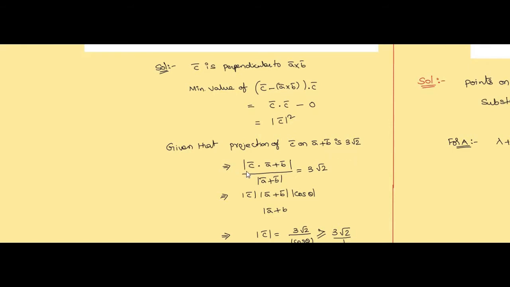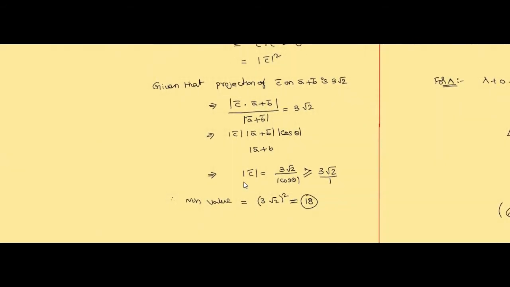If you apply the projection formula, C bar dot A plus B by modulus of A bar plus B bar is equal to 3 root 2. That is mod C bar, mod A plus B, cos theta by mod A plus B equal to 3 root 2. So finally, mod C is equal to 3 root 2 by mod cos theta.